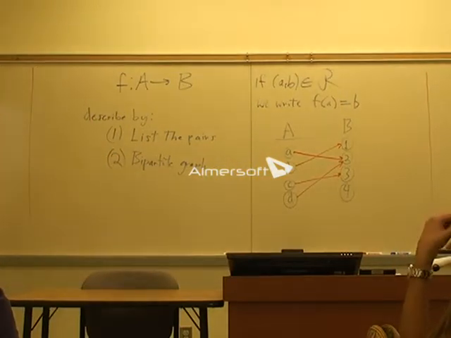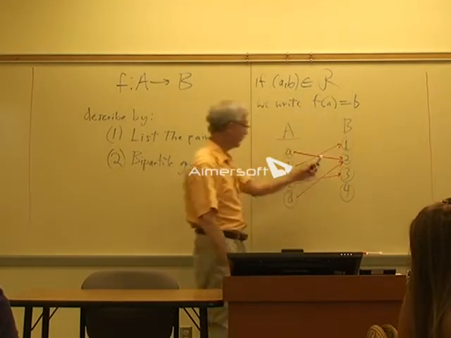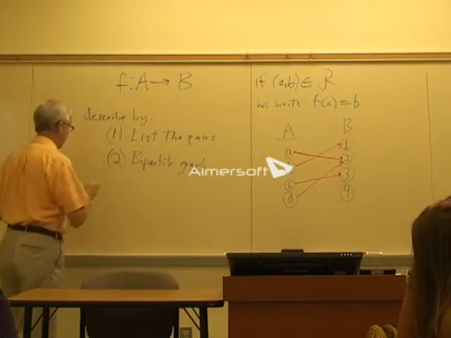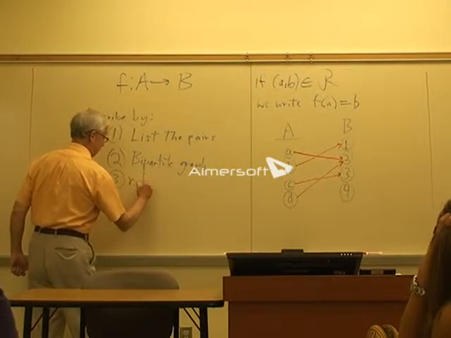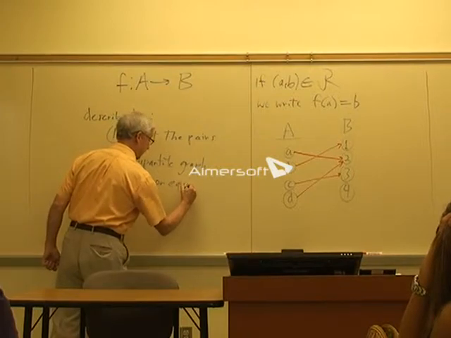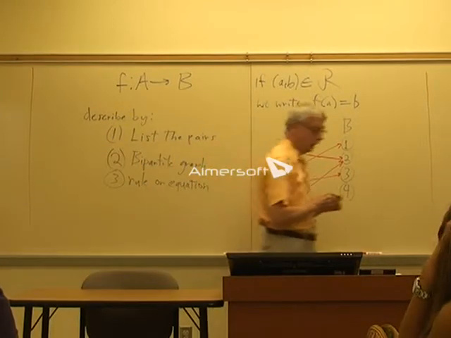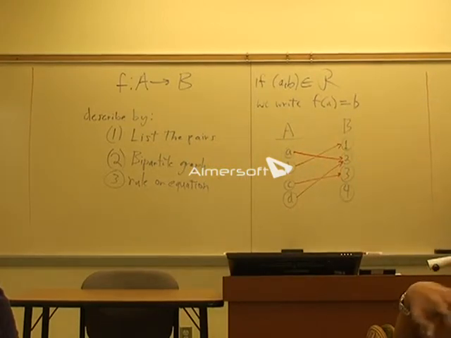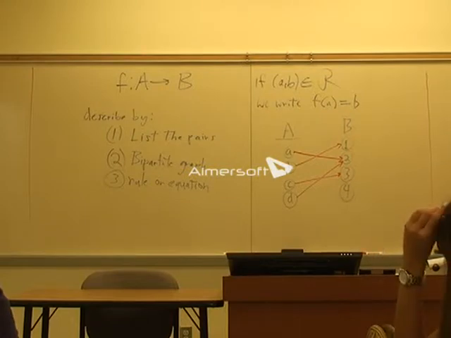As we'll see with a major example, the usual way we do this, because this is impractical except for trivial examples, is we give a rule or an equation. This is a common way of specifying a map or a function. And we've played with these for years, right, from high school on.